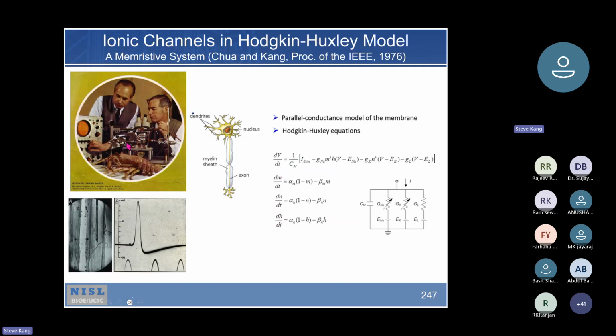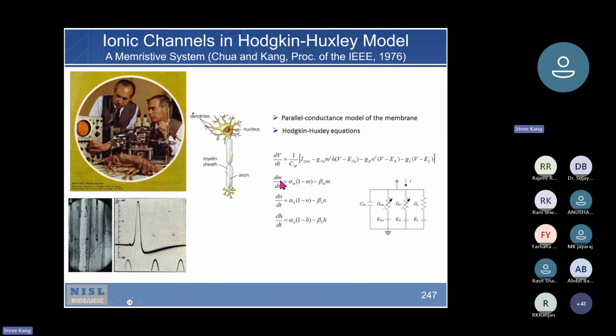And this is how they experimentally verified the Hodgkin-Huxley model. It's called the giant squid. They did the measurement of this membrane pulse here, the action potential pulse. Eventually they came up with this mathematical equation, C dV/dt is current, right? And then three channels: potassium channel, sodium channel, and leakage channel.